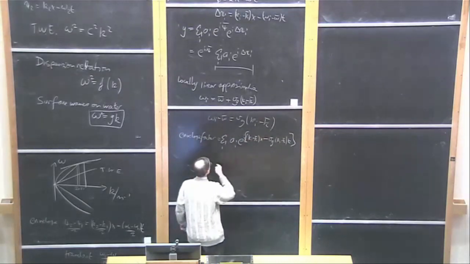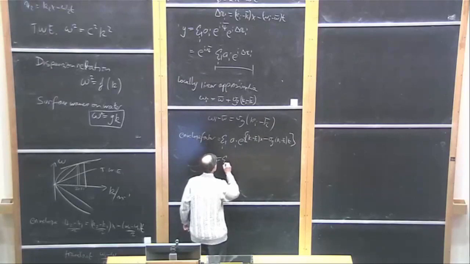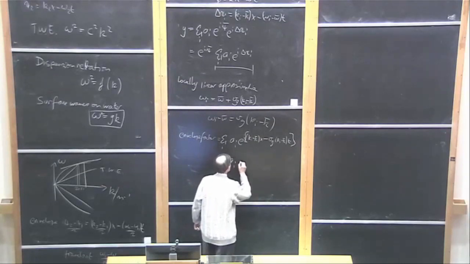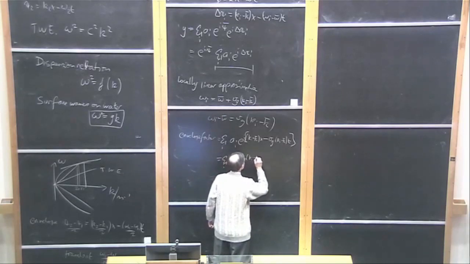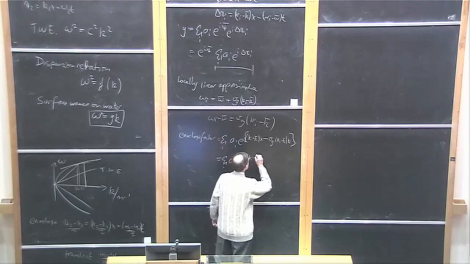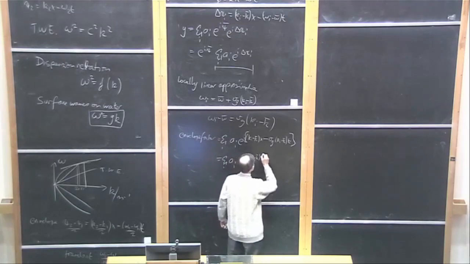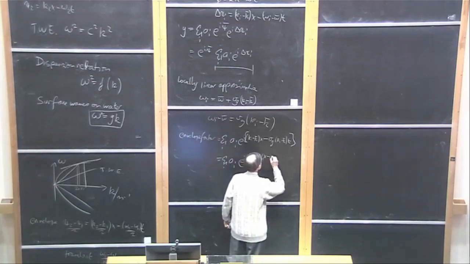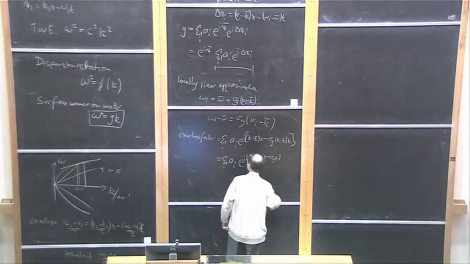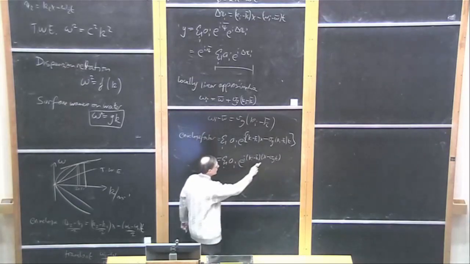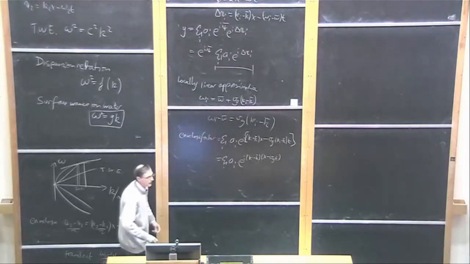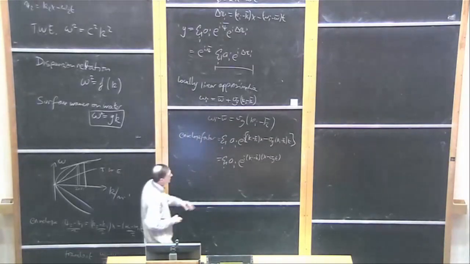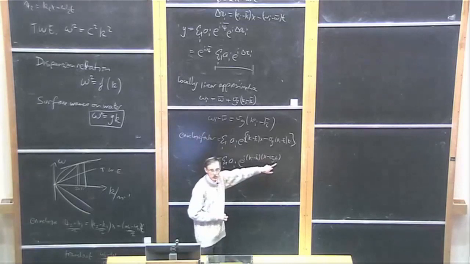And obviously I can rearrange that phase slightly: the sum over i of ai, e to the i (ki minus k bar)(x minus Vg t). And that's the crucial thing, that the x and t dependence of this factor varies as x minus Vg t.